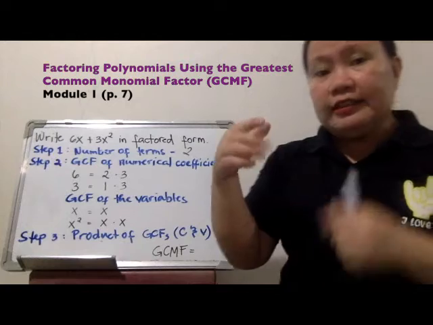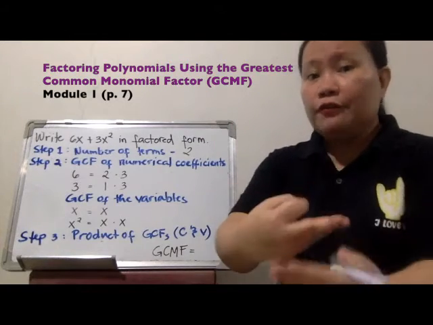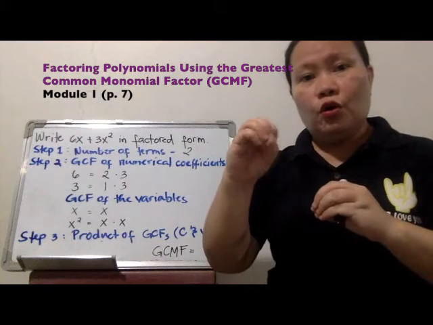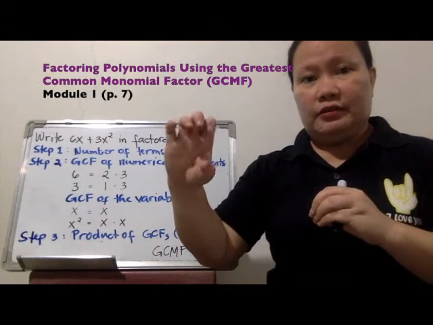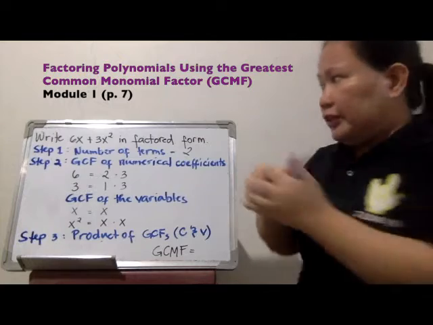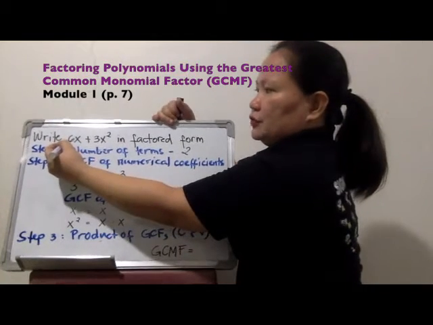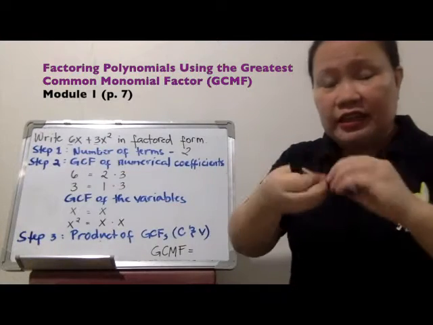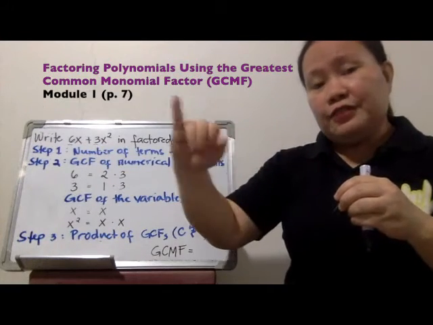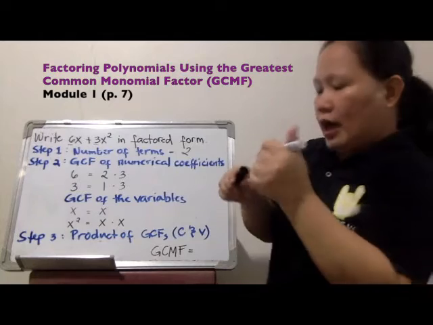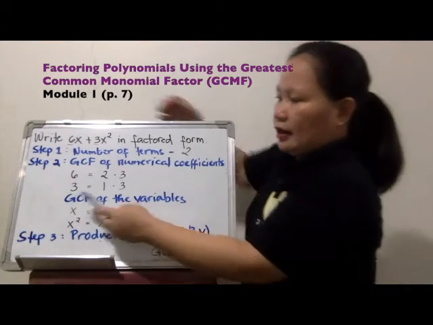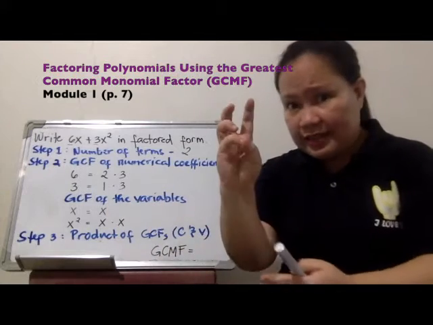Step number 2. Find the greatest common factor of the numerical coefficient. So remember, this is the numerical coefficient 6 and then the 3. So how to find it? The factors. Let's factor 6.